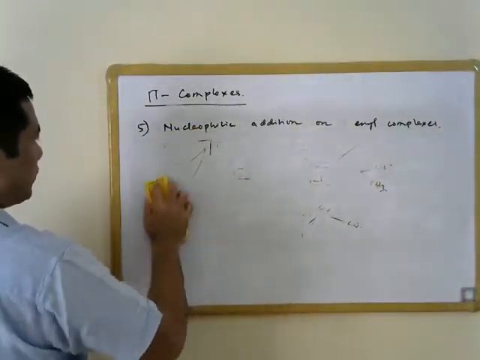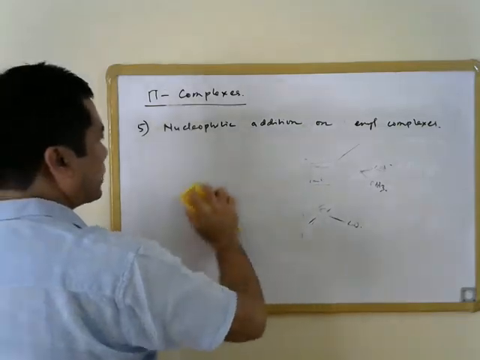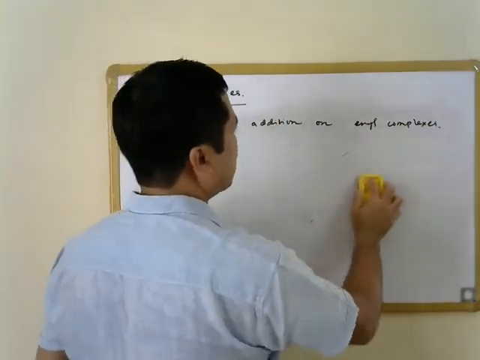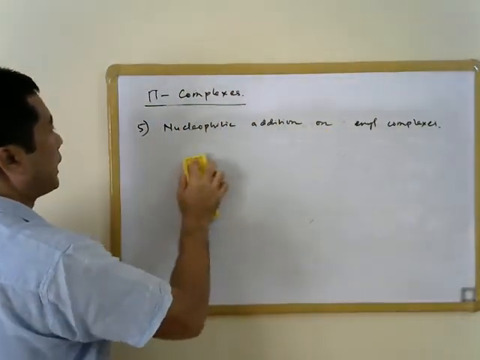So the last method for preparation of metal olefin complexes we will discuss is the abstraction of hydride from metal alkyl complexes.